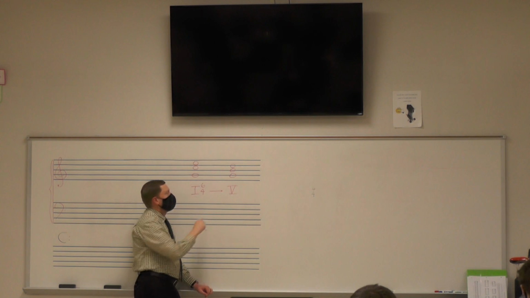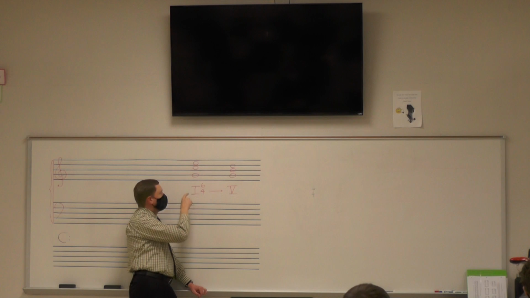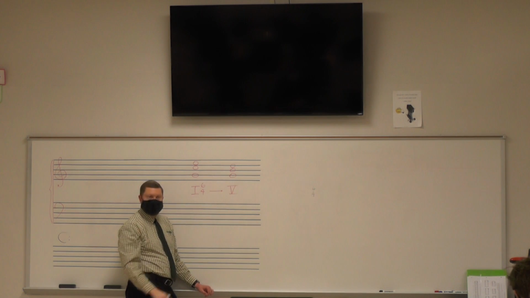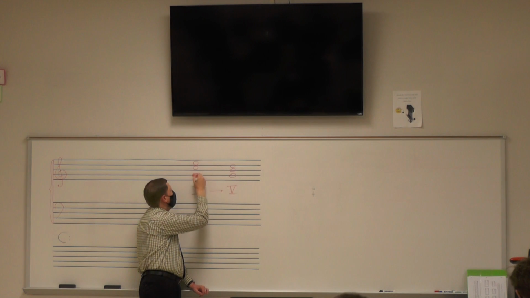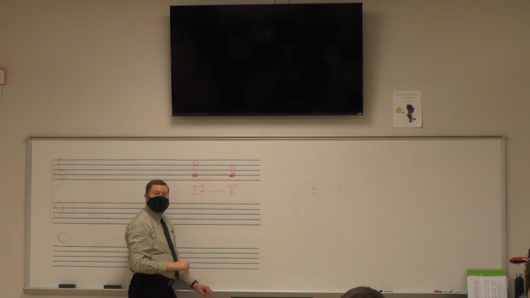Now, one thing I want you to observe and notice about this before I put it in 4 voices is, you see how the second inversion triad on scale degree 1 has the same lowest note as the lowest note of the 5 chord. You see how these are identical? That's always going to be true.